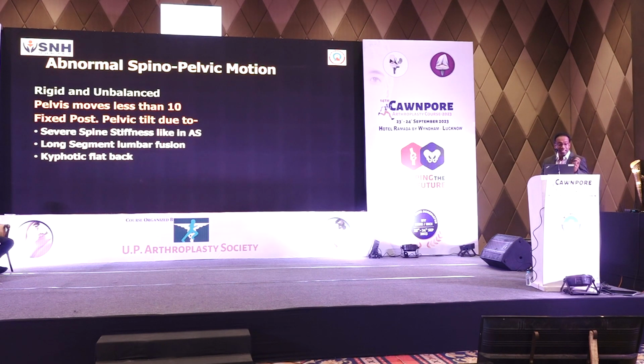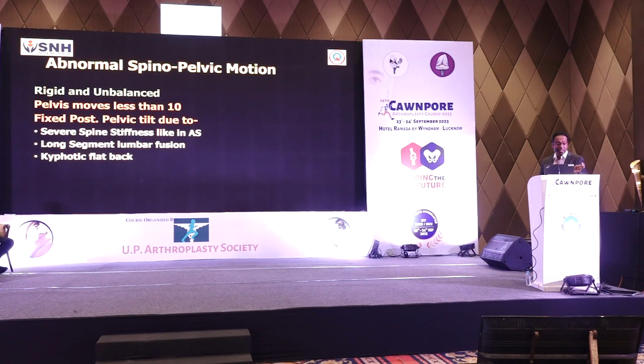Now there's the rigid and unbalanced. In this, the pelvis moves less than 10 degrees. Why? Because the spine has been fixed, maybe by the surgeon, or basically the spine is stiff in a position of less anteversion. So this native acetabulum is already in a higher anteversion compared to what you will get. So this pelvis does not have any more scope of tilting.